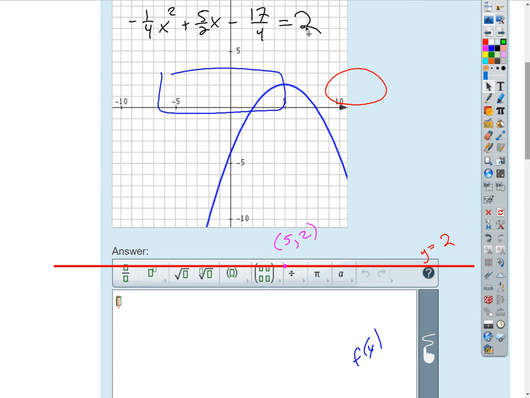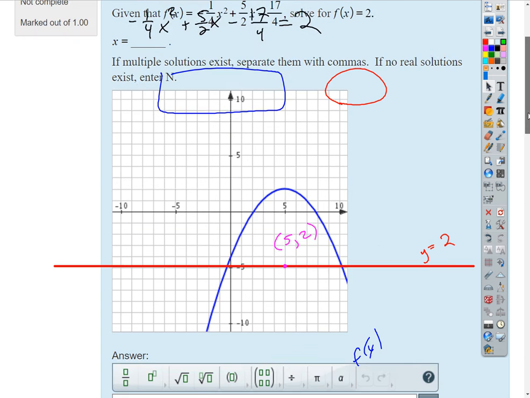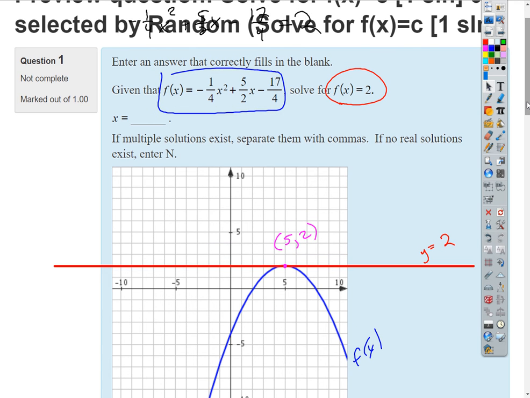So we're just looking for x values. If I'm solving an equation with x's in it, I'm trying to find the values of x that make it true. So in this case, what is the one value of x that makes this true? 5. There it is. Good, so that's my answer.